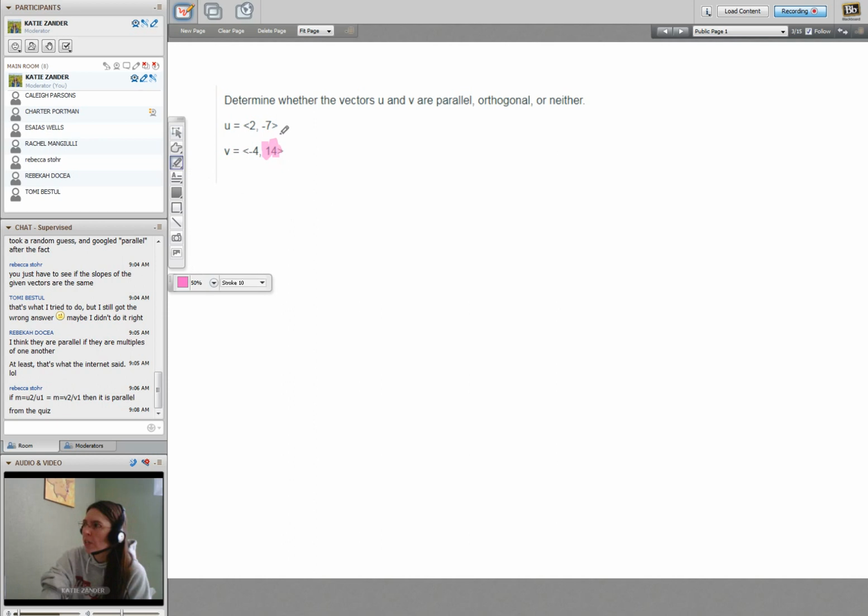So setting up your ratios. So 14 over -7, or the other way around. Does that equal -4 over 2? Because if it does, then they're going to be parallel to each other. If it doesn't, then I would go and check to see if they are orthogonal by using the dot product.